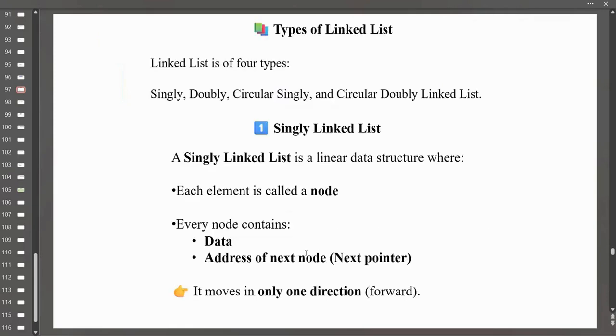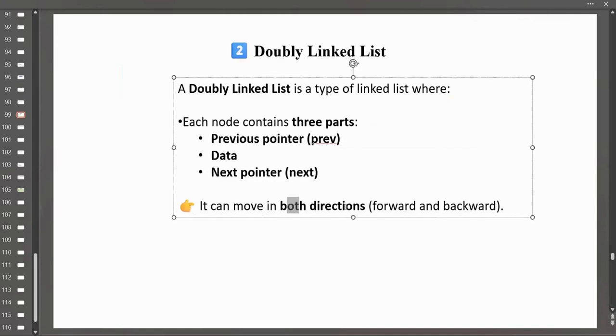In a singly linked list we only moved in one direction, forward, but in a doubly linked list we have both directions. We have 3 parts: the previous pointer stores the previous node address, then the data, and the next pointer stores the next node address. We go in both directions in a doubly linked list.